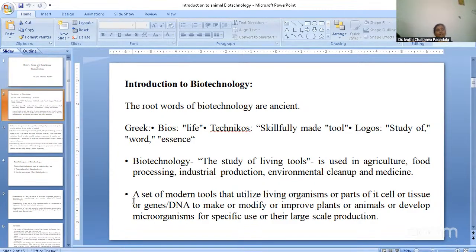Since the discovery of the structure of DNA in the year 1953, and principally after the development of methods to manipulate the DNA in the year 1970, biotechnology is equally significant to manipulate the organisms' DNA at the molecular level.